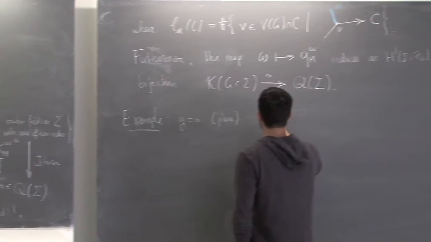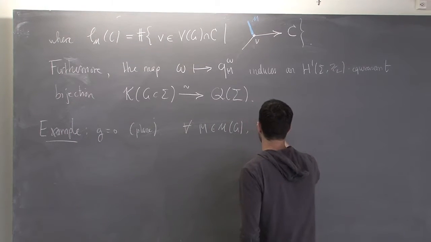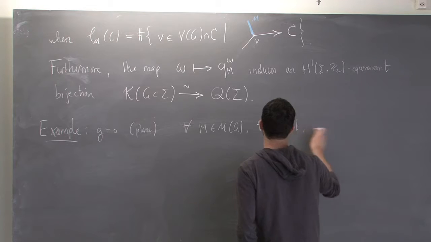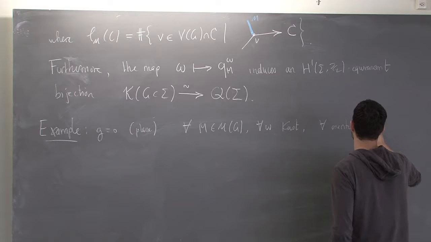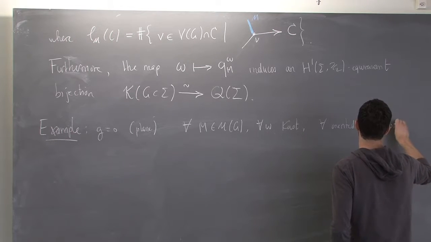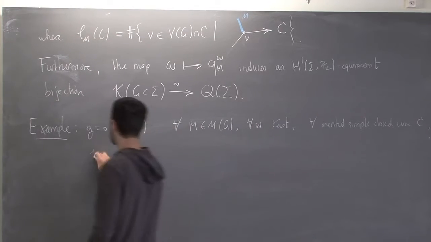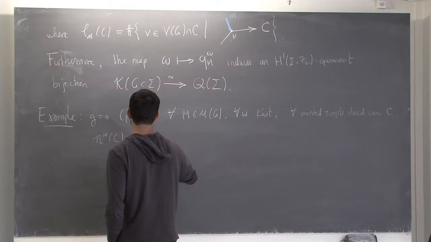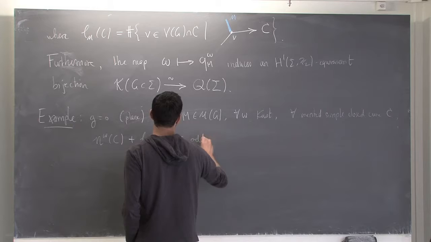So in this case, it says, for any perfect matching, for any Kasteleyn orientation, for any oriented simple closed curve C, we have that n omega of C plus L m of C is odd.